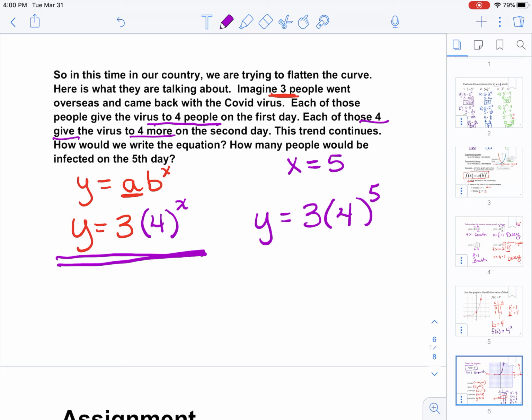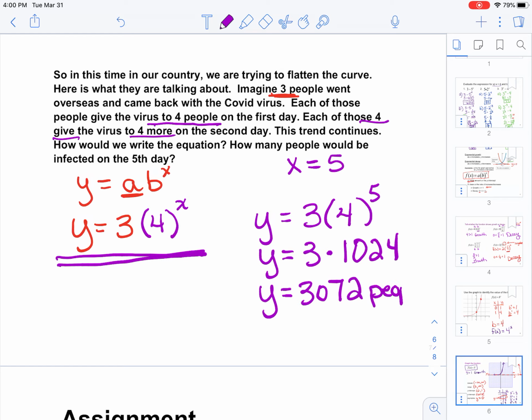You have to take 4 to the 5th power first. So y equals 3 times 1024. So y equals 3,072 people.